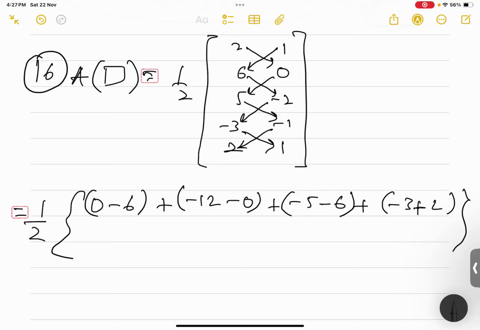So this is going to be plus 2. Okay. So half into, this is minus 6, minus 12, minus 11, minus 1.